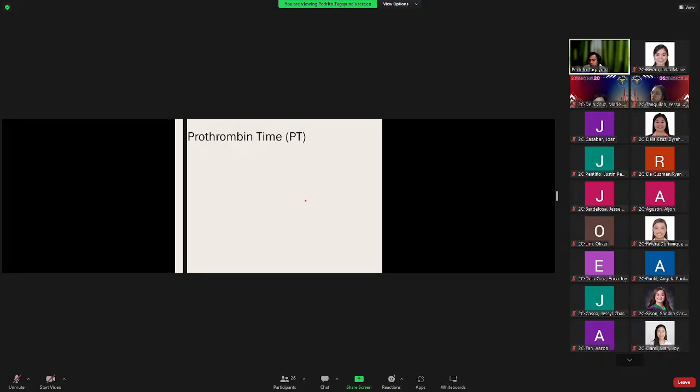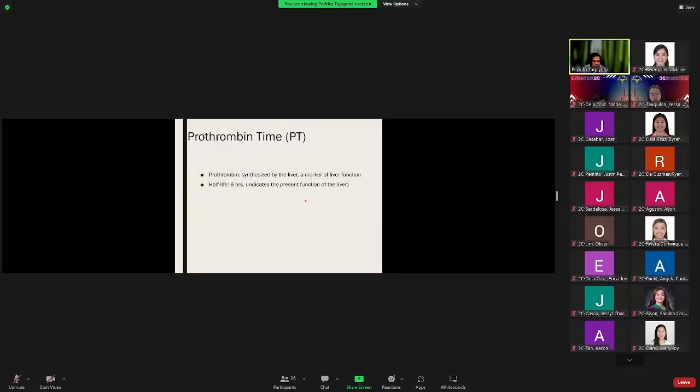Now we go to prothrombin. Prothrombin time, as Heb said, is a measure of the coagulation pathway, but in the context of liver function, it is used to measure the synthetic capability of the liver to synthesize clotting factors, represented by your prothrombin.